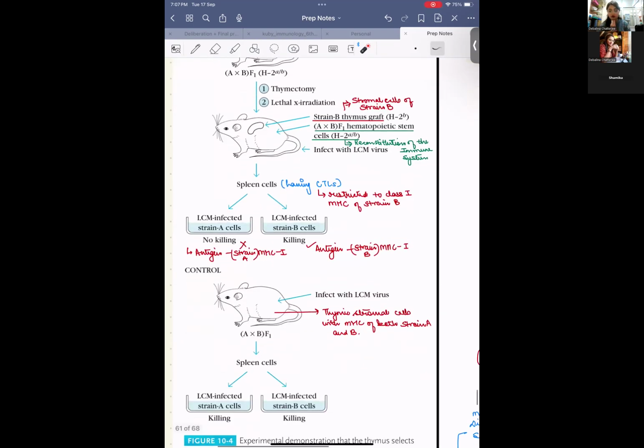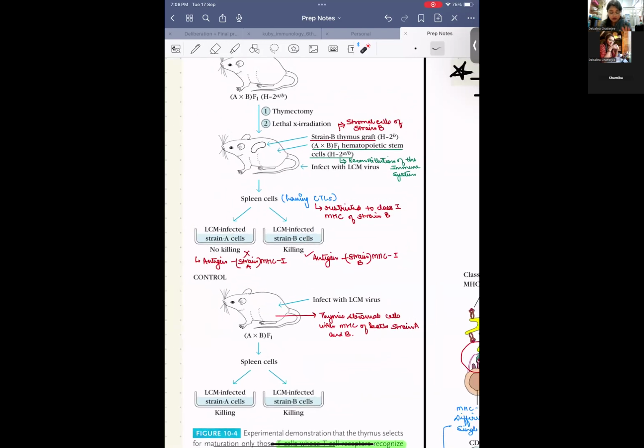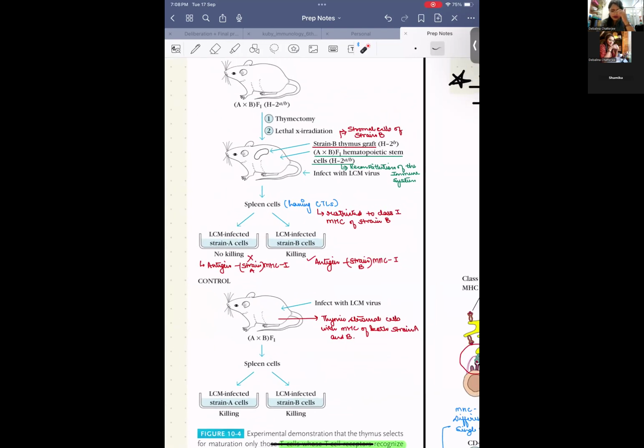So this is how self-MHC restriction was experimentally demonstrated. And since we put hematopoietic stem cells of both A and B types, where is this education happening? It happens inside the thymus, where the stromal cell MHCs of the thymus are what these cells learn as their self MHCs.